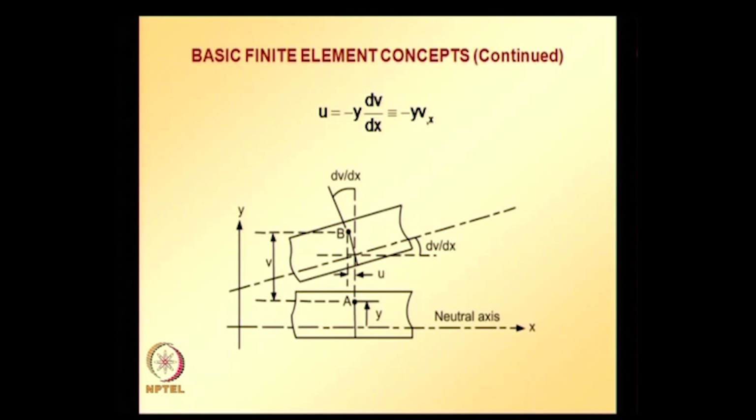If you look at the figure, a point A located at a distance y from the neutral axis is displaced or shifted to point B. Initially the vertical plane section has rotated through an angle equal to the first derivative of the transverse displacement with respect to x.